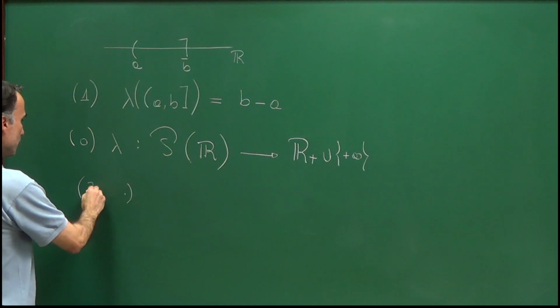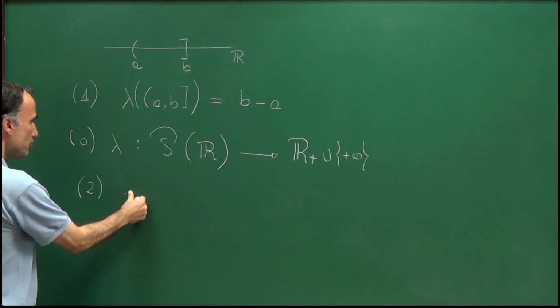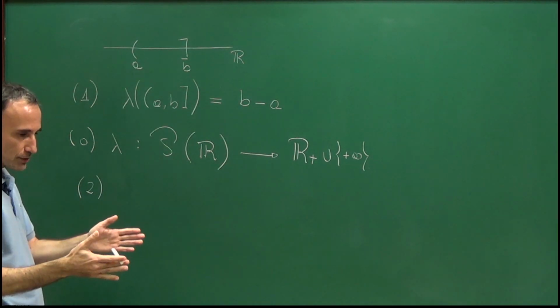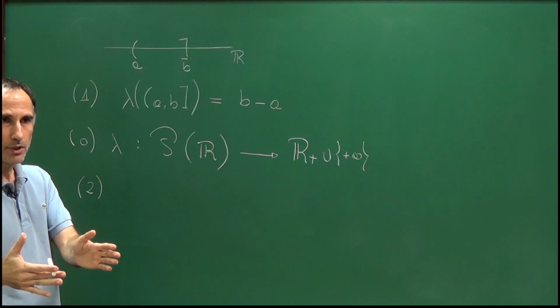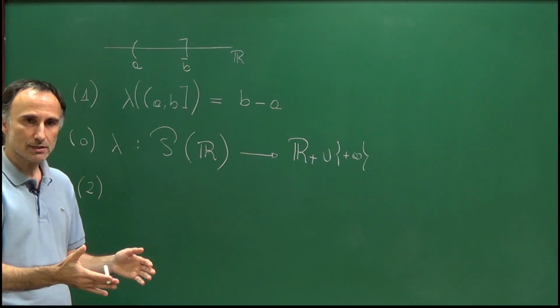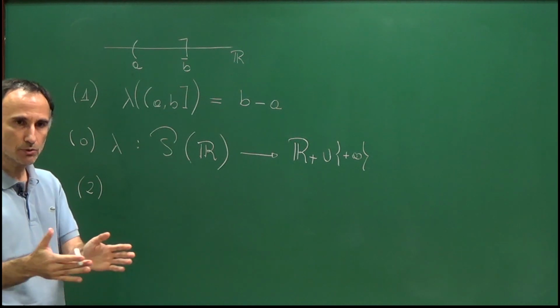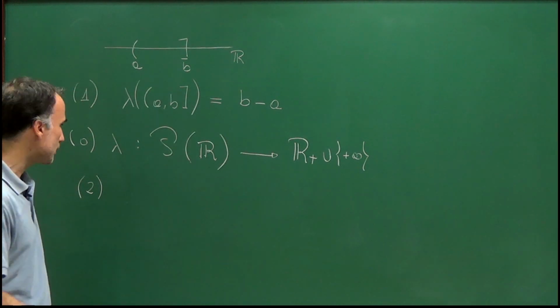Let me represent by 2 a second property: if you take a set and translate it by a certain number, it's natural to ask that the measure of this set is equal to the measure of the set translated by x.